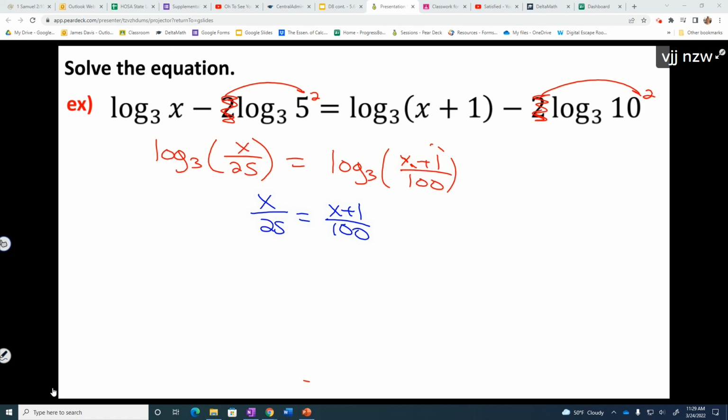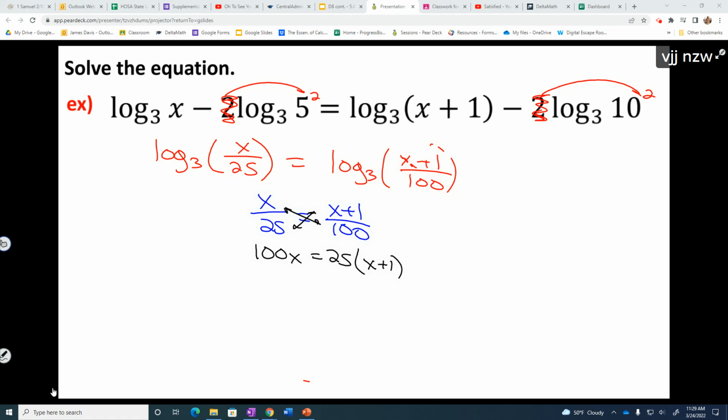So we'll multiply both sides by 25 and also both sides by 100. Right, so it essentially just becomes cross multiplying. Maybe the easiest way. This becomes 100x equals 25. So make sure when you multiply this, you do times x plus 1 more, not just times x.